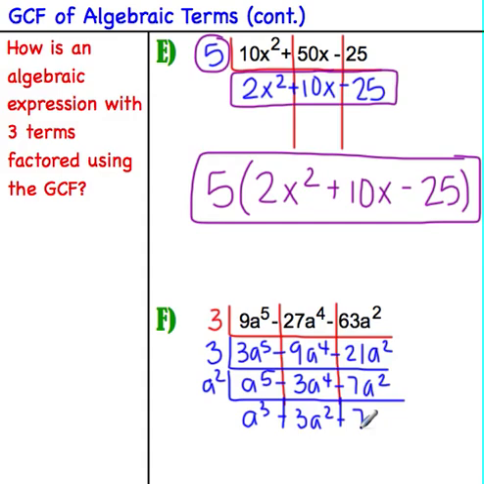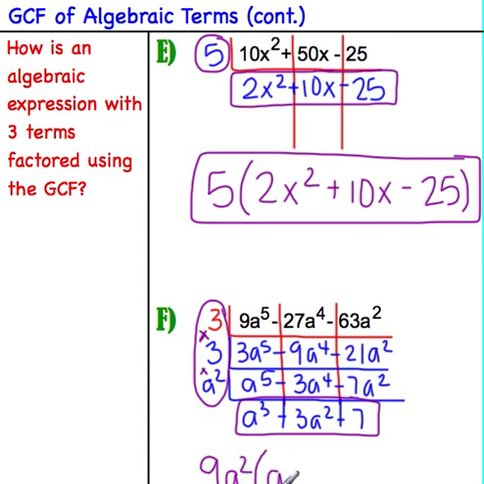So then I see that I can't divide any more out. I take this and multiply it out. And this is inside my parentheses, giving me a final answer. 3 times 3 is 9, so 9a squared times a cubed minus 3a squared minus 7.